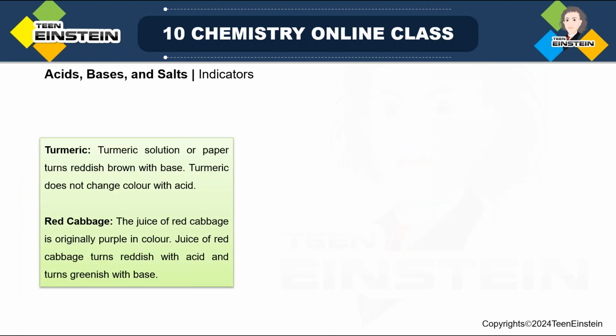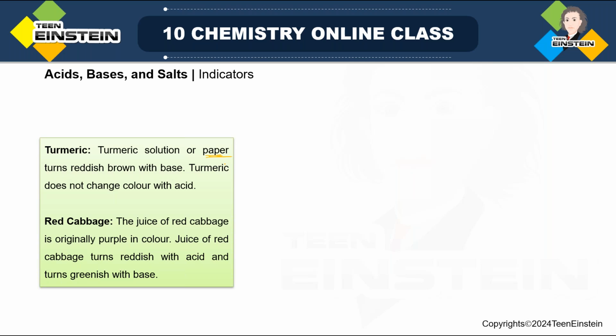Then turmeric. Now turmeric solution is household. We have the idea: turmeric solution or paper turns reddish brown with base. There is turmeric paper also available, but it is better to talk about turmeric powder or solution that you can easily make at home. You can easily do this test also.